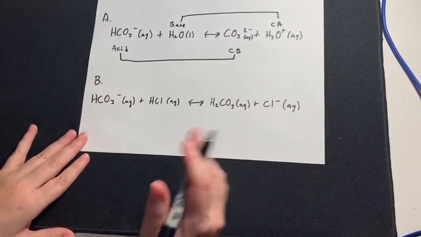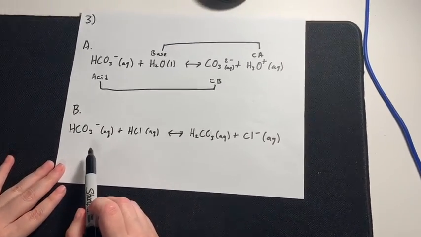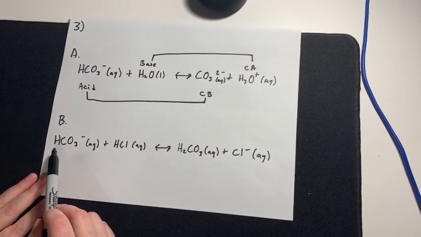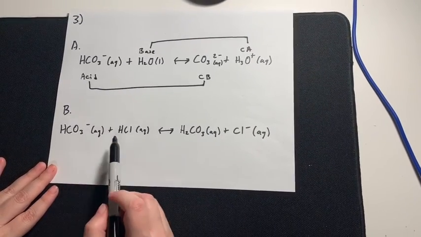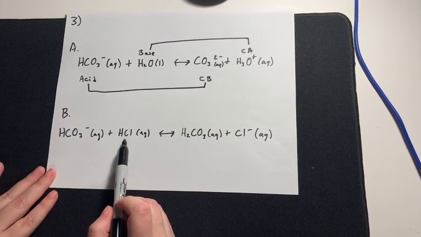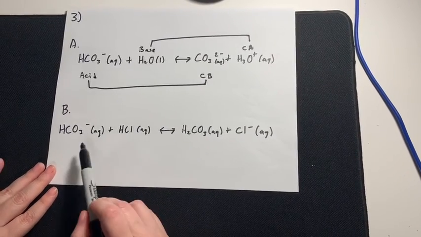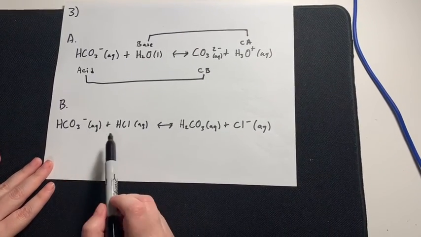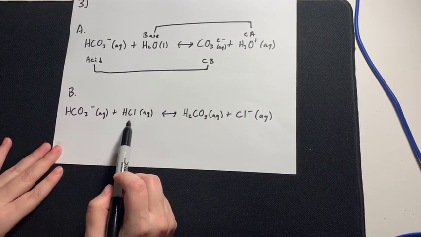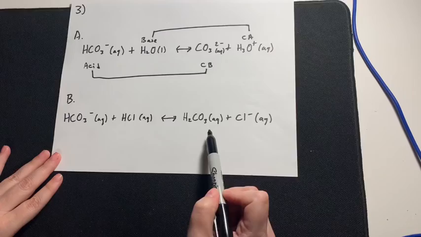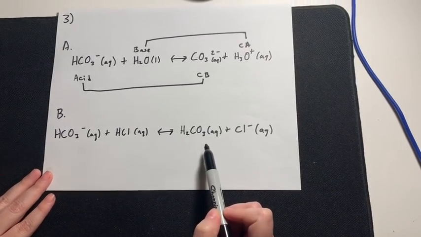So we'll go ahead and do the same with the next one. So we have HCO3 with a negative charge, and then we have HCl. So again, we have hydrogens on both sides, and we don't really know if anything's being donated or received until we look on the other side of the equation.